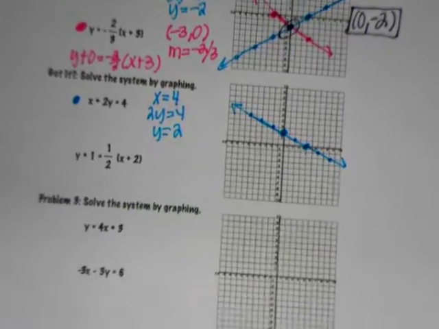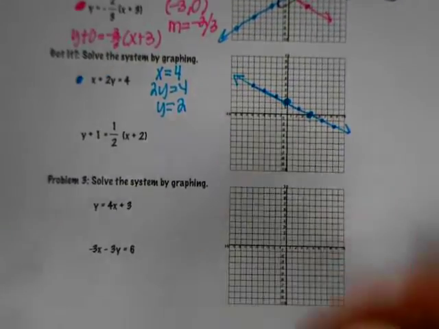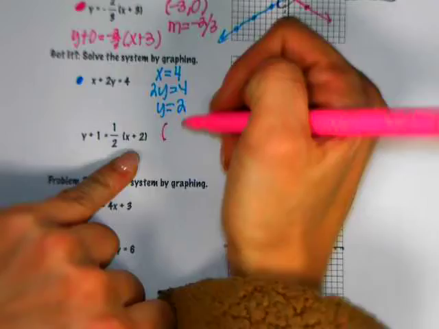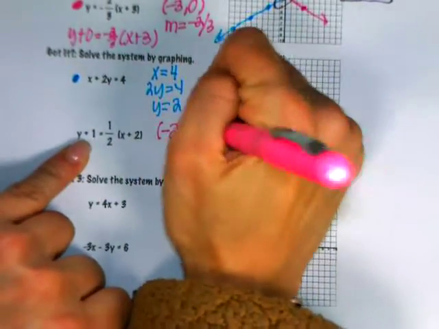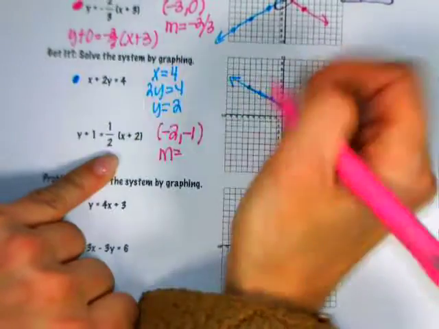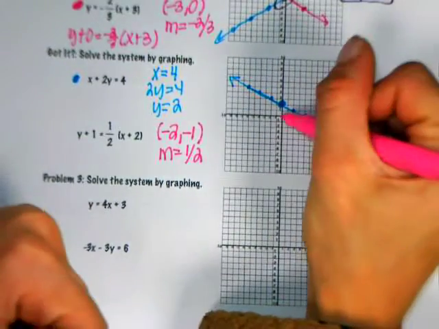And then the bottom one is in point slope. So what would my point be? Yeah, negative 2, negative 1. And then what's my slope?